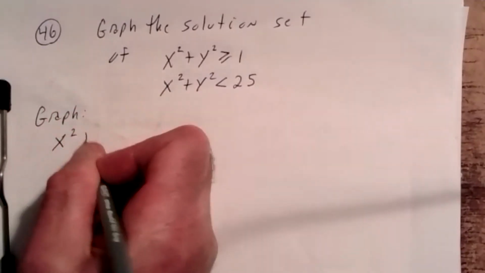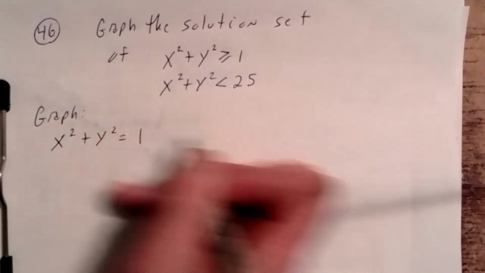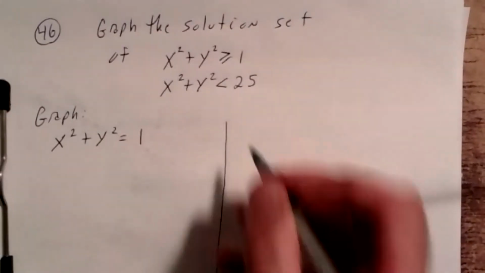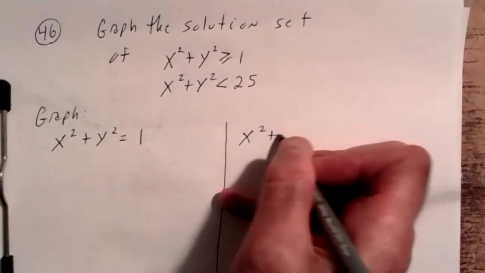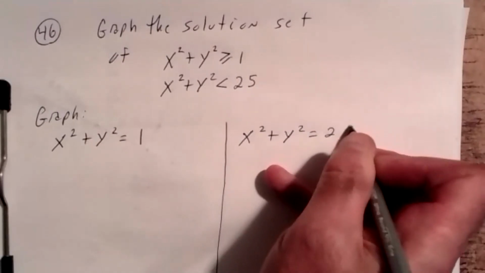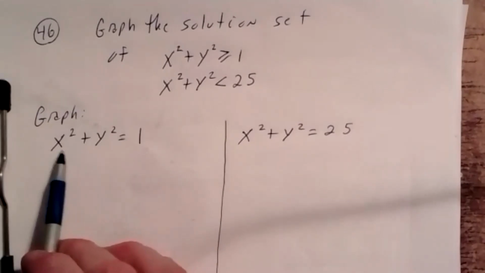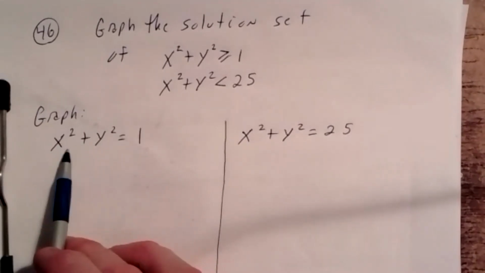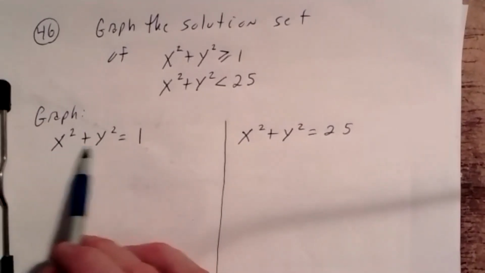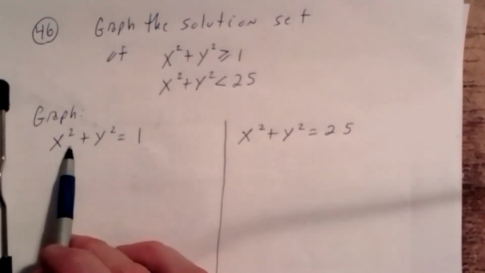So we have to graph x squared plus y squared equals 1. We'll graph that equation, and then we're going to graph this other one, x squared plus y squared equals 25. We must graph the equations first. What kind of graph do you think this equation is going to generate? A circle. Where is it going to be centered?